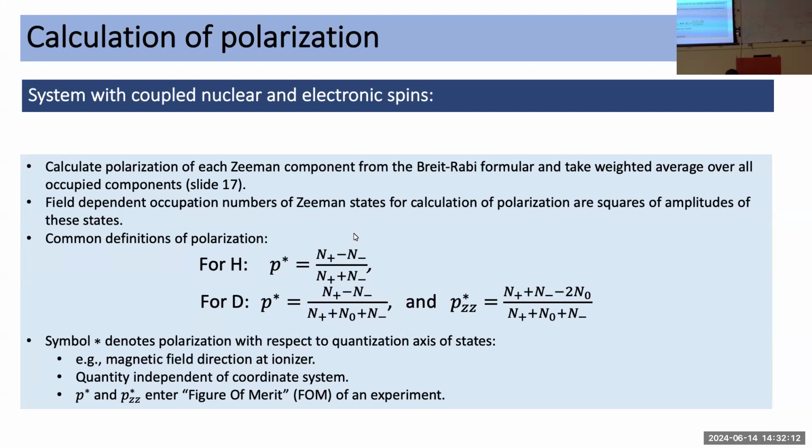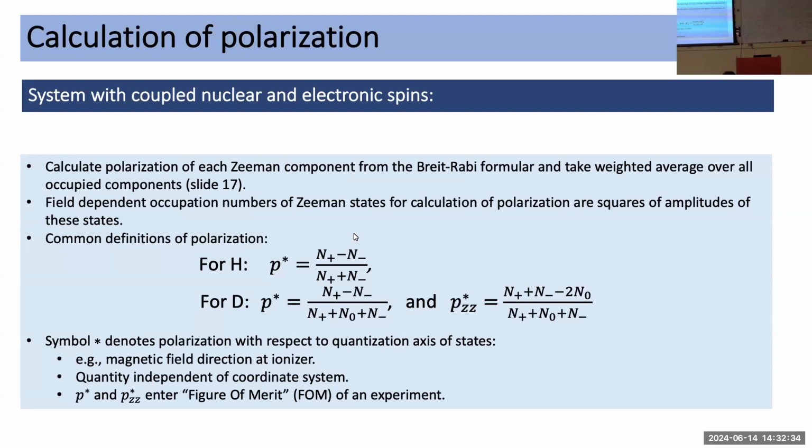And of course, the PZ and the P star ZZ both enter the figure of merit in an experiment. While the counting statistics usually goes with square root n, it is linear in these quantities. So compared to the square root n, it enters with a quadratic weight.